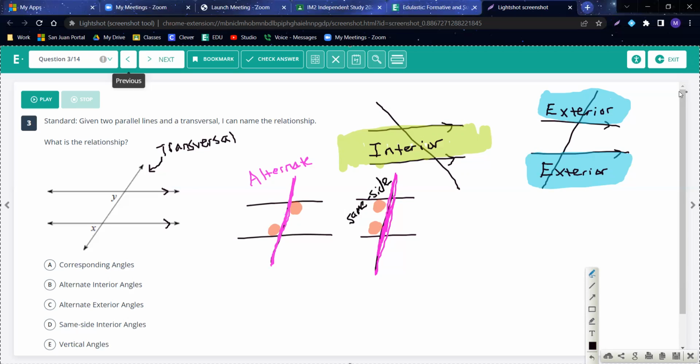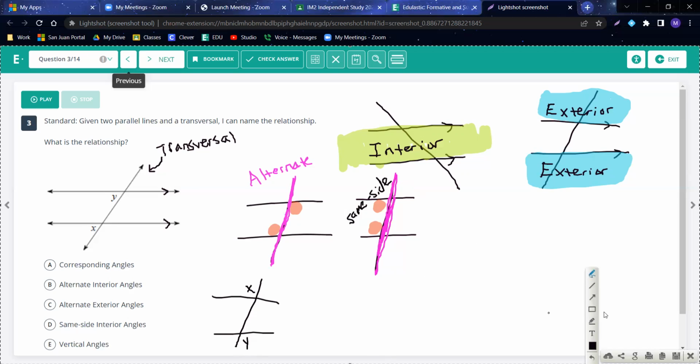There is one that doesn't follow all of these definitions. So right here we have one on the top, one on the bottom. Actually, I'm going to show you all the definitions right here. Let's do a list here. So if I have this, this, and this, and I have, let's say, an X here and a Y here.